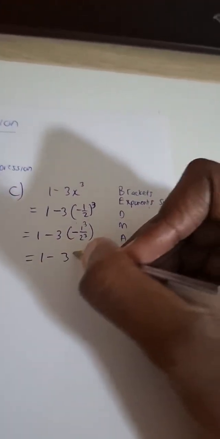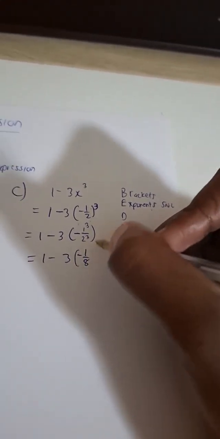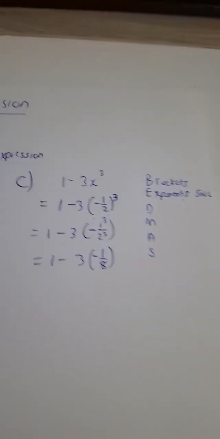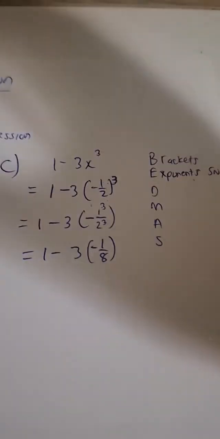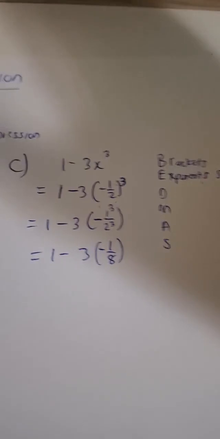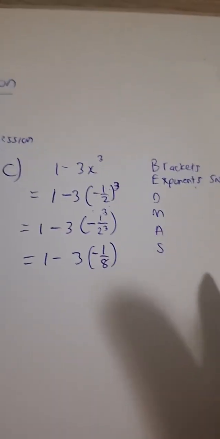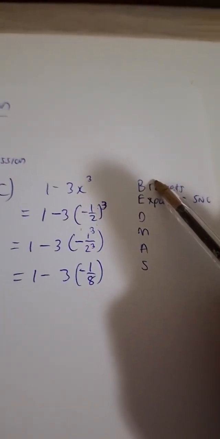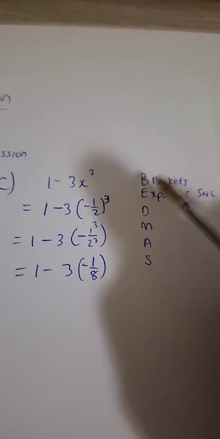1 minus 3 into negative 1 over 8. Okay, guys, this is very important. If you are going to get marks for showing me what you've done step by step, this is how you will be able to get your marks. Your unpacking of BEDMAS, your application of BEDMAS in the order: brackets, exponents.